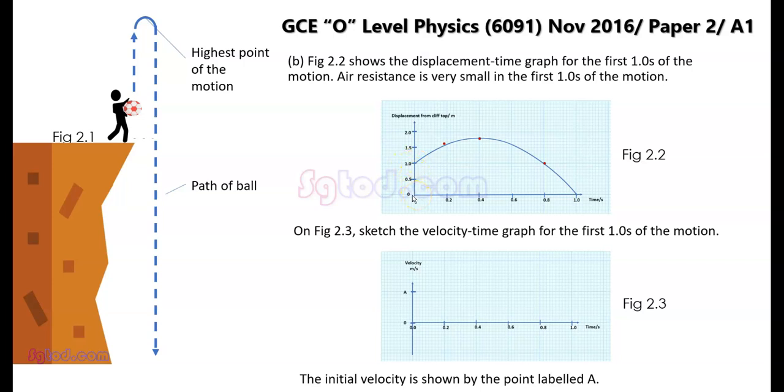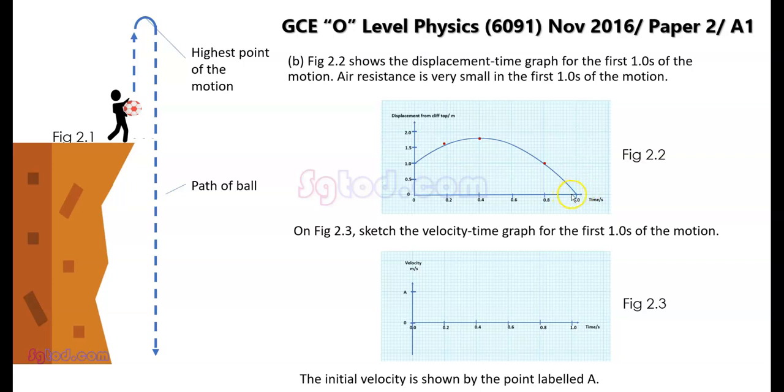The origin is likely taken from the ground at the top of the cliff since it is about 1 meter below. So the end point of this displacement time graph is when the ball passes the top of the cliff. As we do not know the velocity when the ball drops past the cliff, this is not a good point to choose.